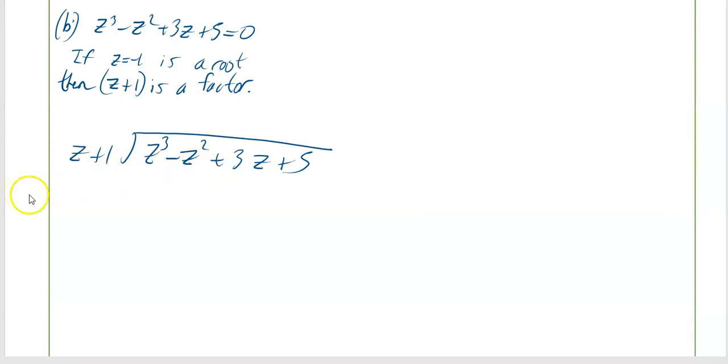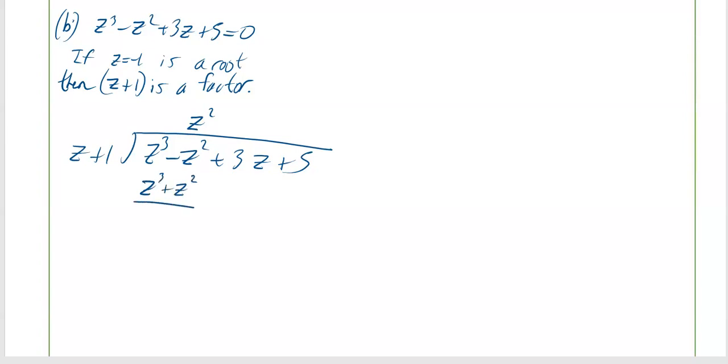Okay, we're going to get started doing this. How many times does z divide into z cubed? What do you need to multiply z by to give you z cubed? The answer is z squared. So you line that up above your quadratic terms, and then you multiply z squared times this whole thing, which will give you z cubed plus z squared.